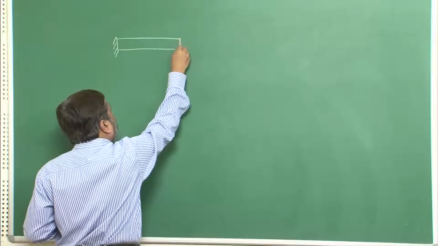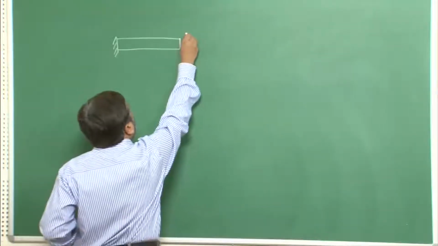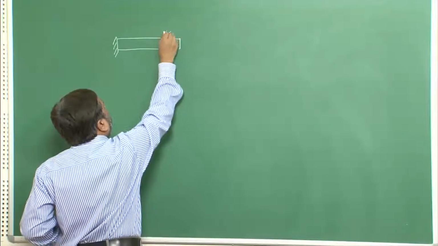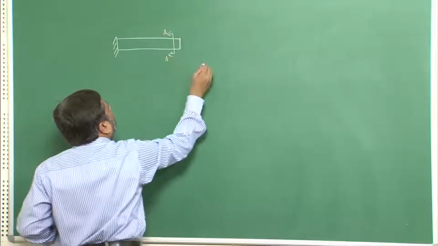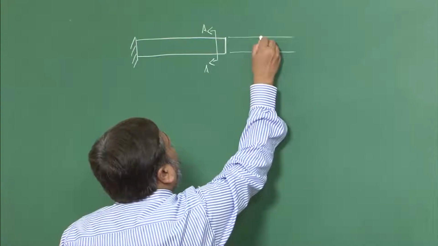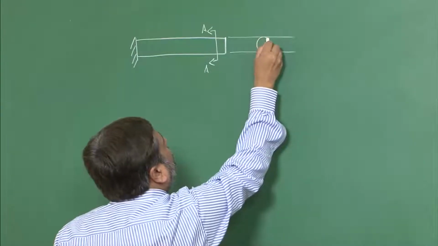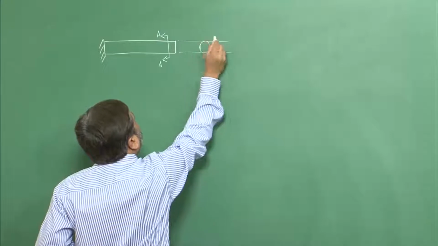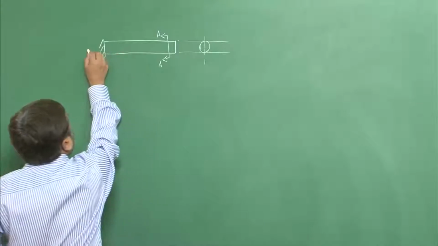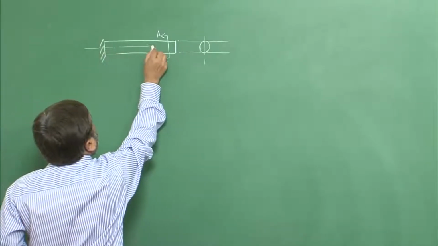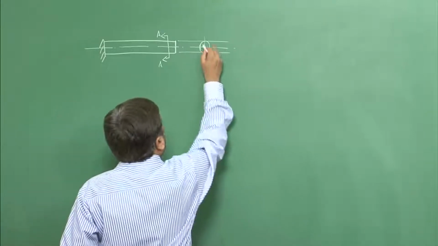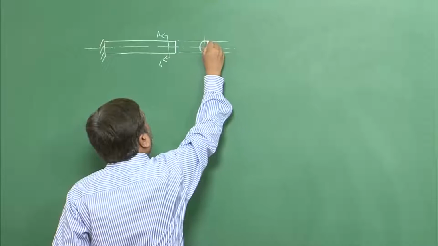Let us consider that the beam has a uniform cross section, and if I cut any section in the beam, I will find that it is circular in nature.